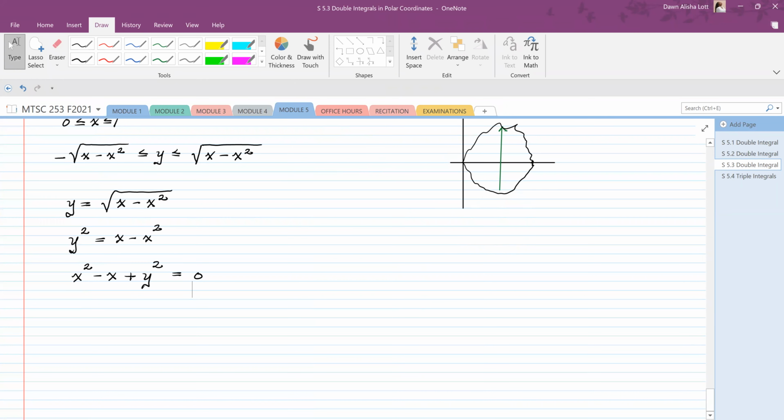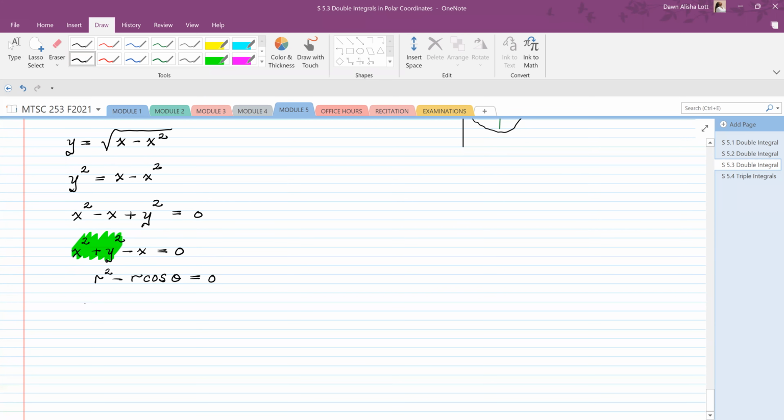So I'm going to put the x squared plus y squared together. Minus x equals 0. Now x squared plus y squared, that's just r squared. And x is just r cosine theta, is equal to 0.